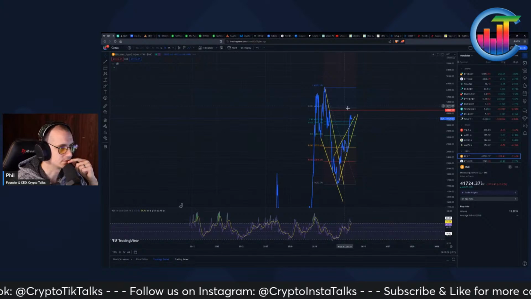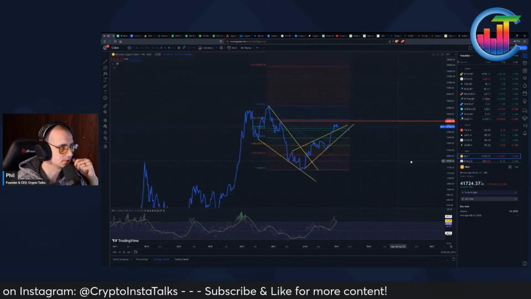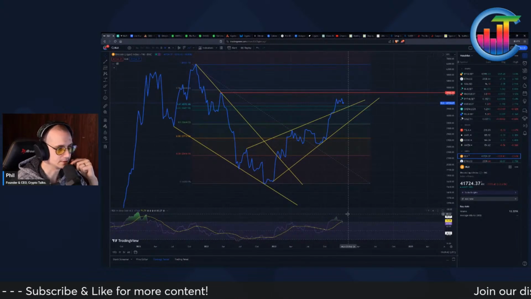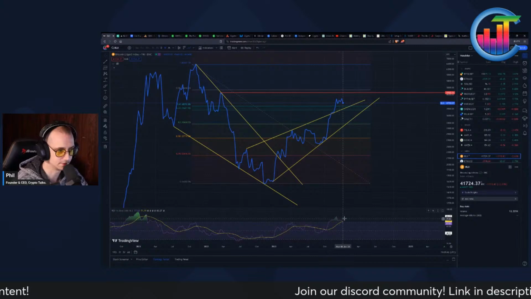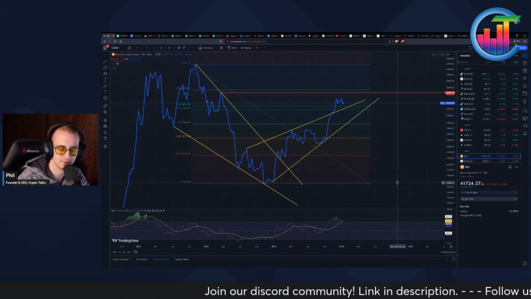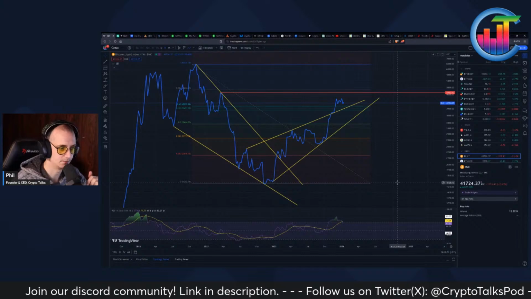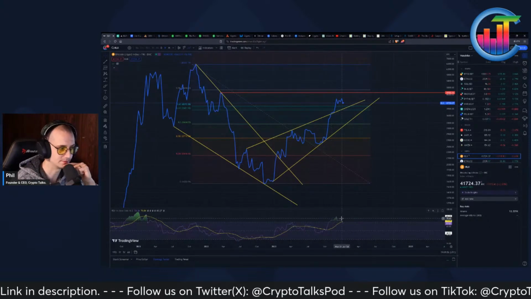One of the big arguments for a correction is that the RSI is very much topped out. And yes, the RSI can stay topped out for quite some time. It's been 10 weeks here with the RSI on the weekly being above 70.